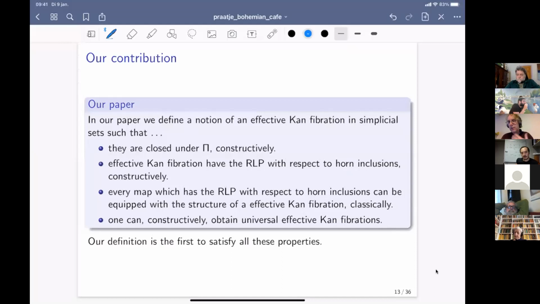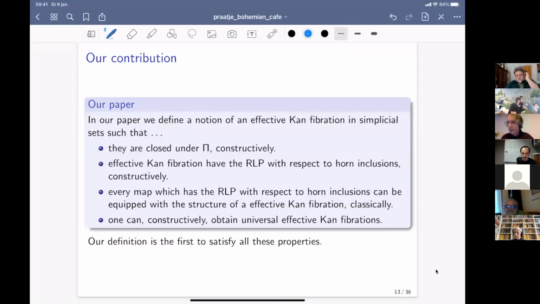And our claim is that, I mean, there have been different approaches. We're definitely not the first ones to think about this question of how we shall think about cofibrations in simplicial sets in a constructive framework. For example, there is the work by Simon Henry, which was taken up also with Nicola Gambino and Christian Sattler.